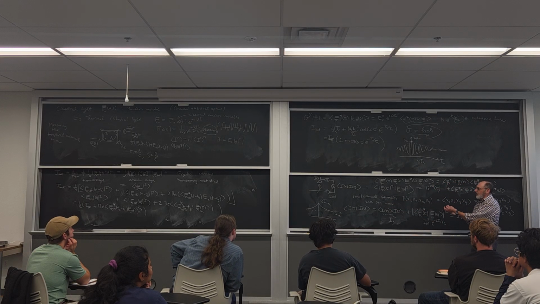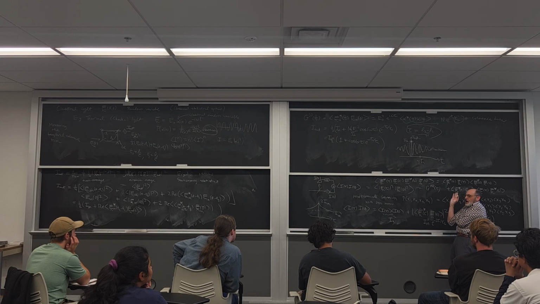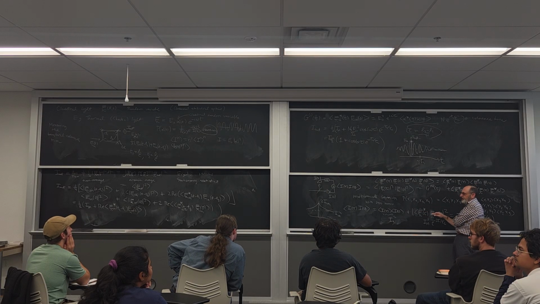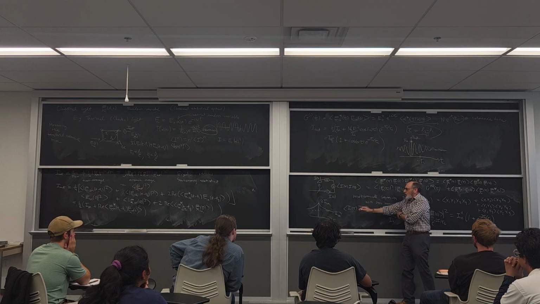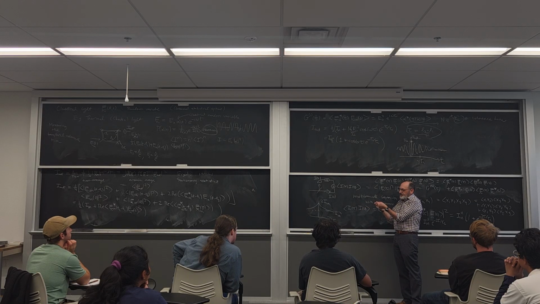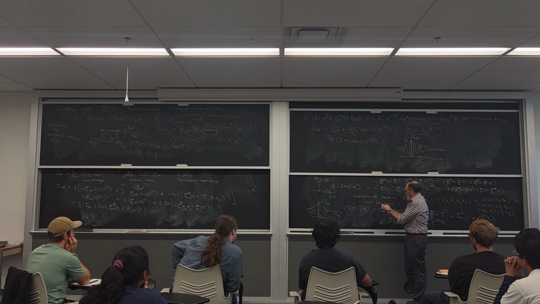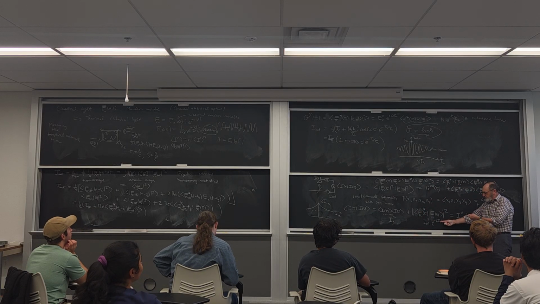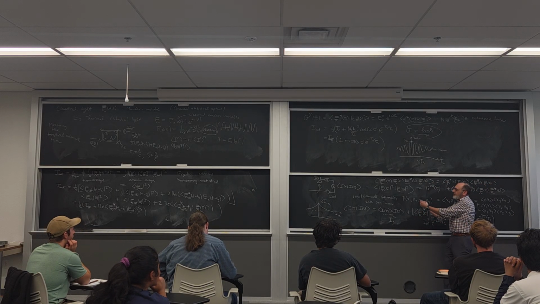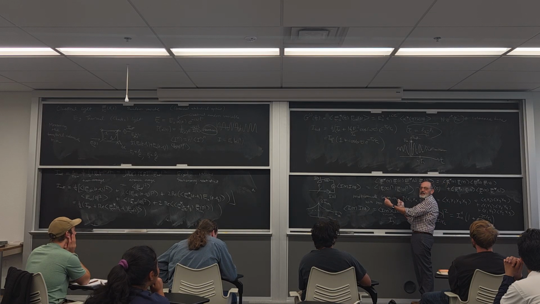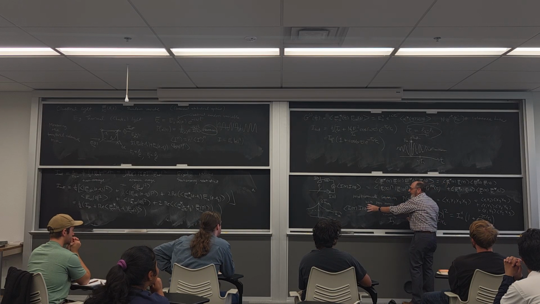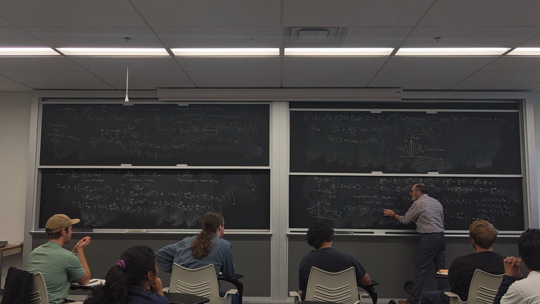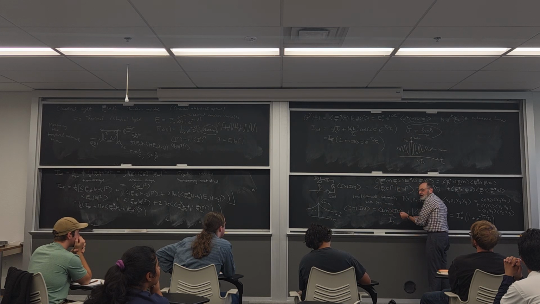Notice, and pay close attention to this expression over here, we're looking at the correlation of the intensity with itself. When the time difference is big compared to the coherence time, the intensities are statistically independent, which is to say the average of the product is just the product of the averages.